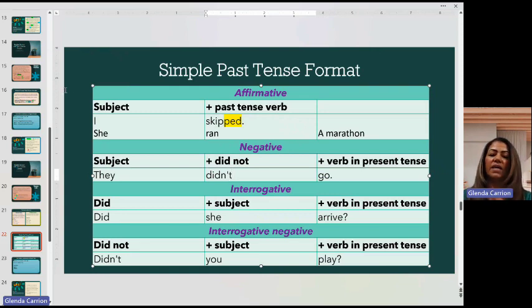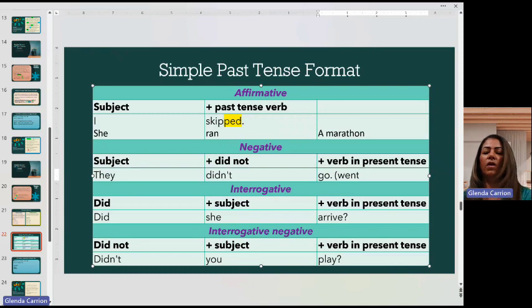So let's look at these examples. They did not, or didn't, which is the contraction, go. Remember that I already said that the past tense of go is went, but make sure that you are not saying they didn't went, because that would be incorrect. No, you only use went when it's a positive statement, not a negative.